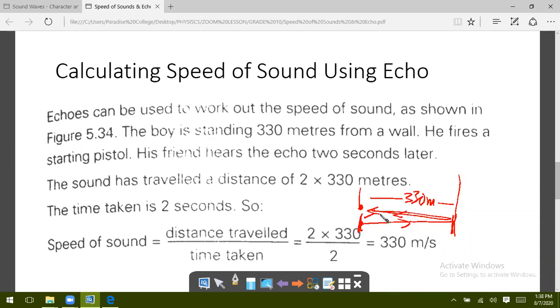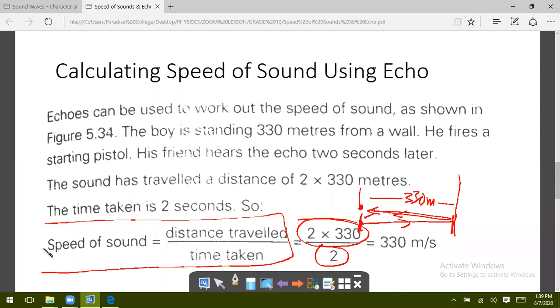So that's why the distance traveled is 2 times 330, and the time taken is 2 seconds. The formula is speed equals distance over time taken. The speed of sound in air is given to be 330 meters in 1 second. So that's basically that.